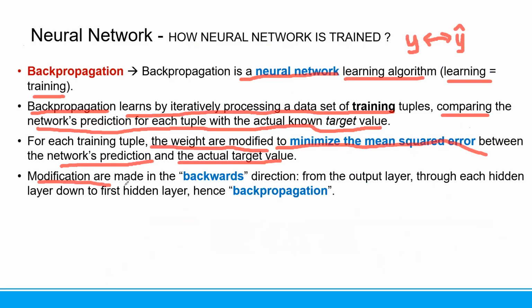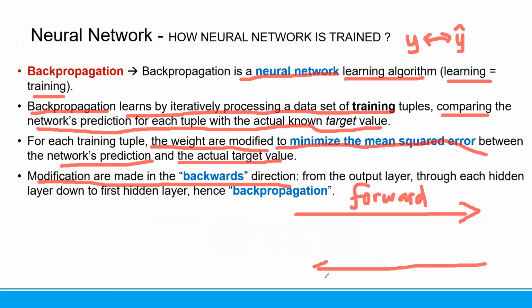The modifications are made in the backward direction. If you still remember, we have the feed forward, which means we just go forward from the input layer to the output. But the backward means it goes from the output layer through the hidden layers down to the first hidden layer. So we call this backpropagation.